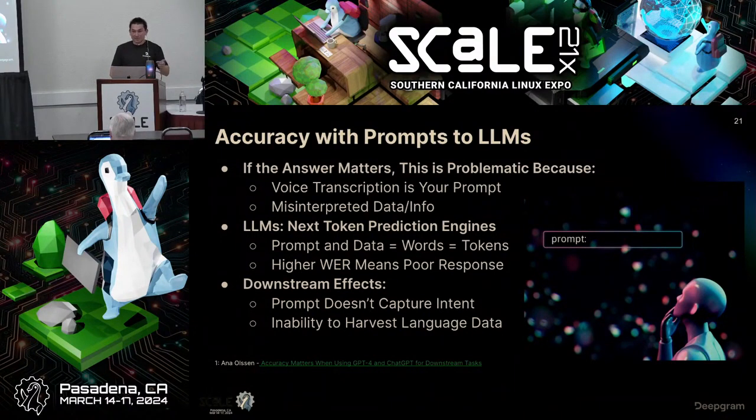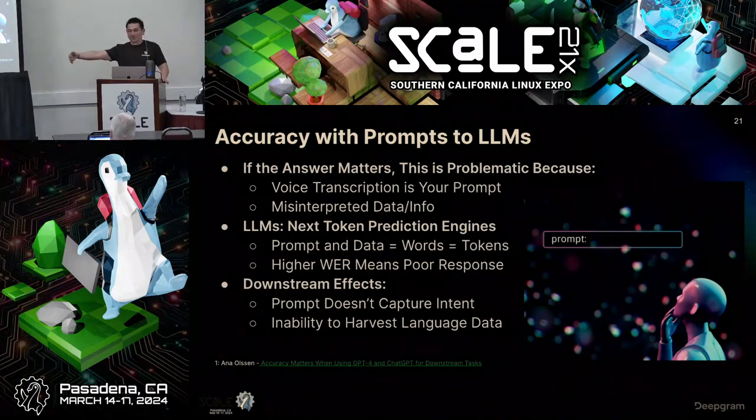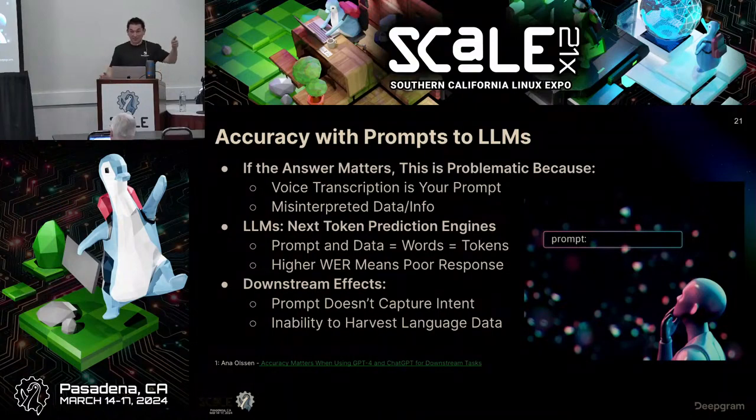Now, if the tokens, in this case words, sentences, and phrases, were bad to begin with, when it's tokenizing what you're saying, you're not going to get anything meaningful as an output because the initial input was bad. So this is how transcription can have massive downstream effects on an LLM, and prompt accuracy can literally go out the window because the initial data or prompt you're providing is bad.